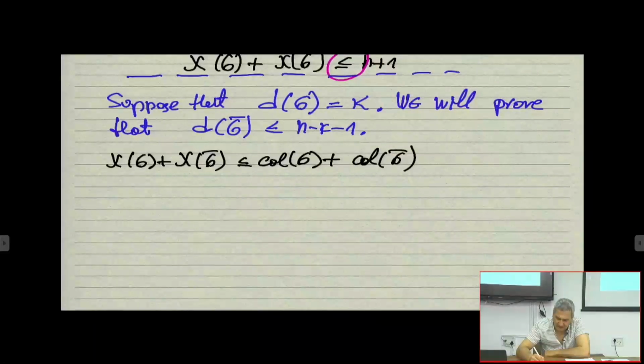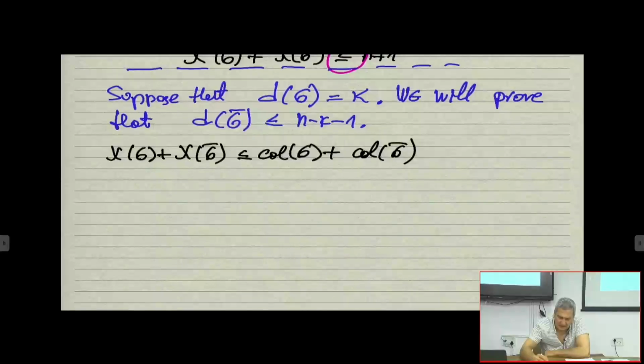Coloring, let's define it again. Let me explain here in a small box. We proved it, maybe the first day, maybe Professor Dino, maybe me, that chromatic number of G is always smaller or equal to the degeneracy of G plus 1. Do you remember that?